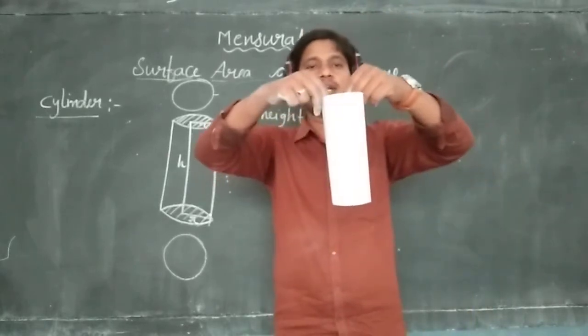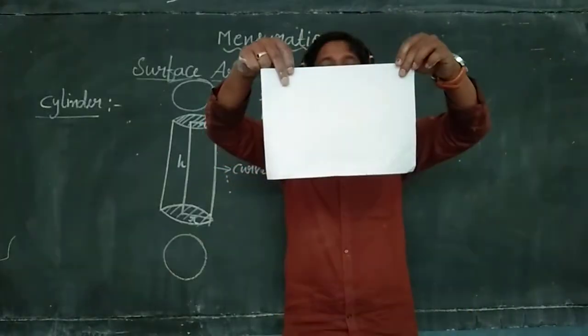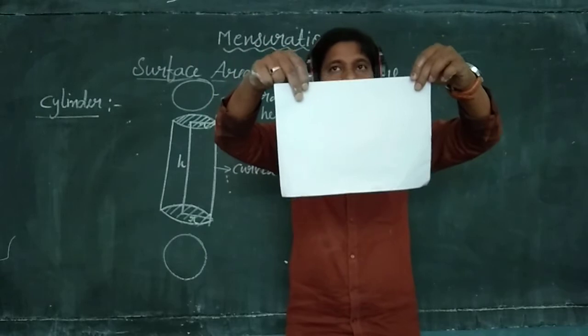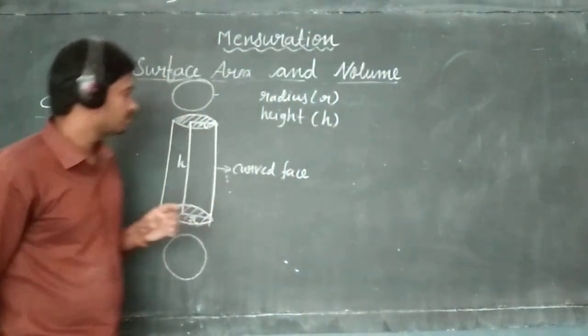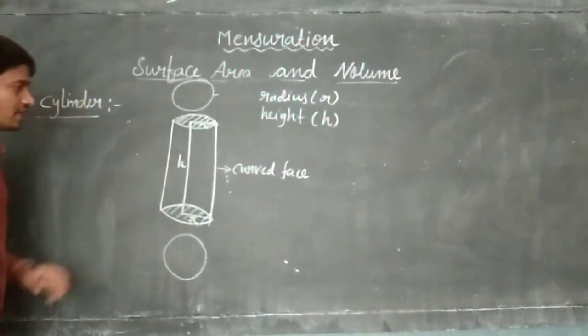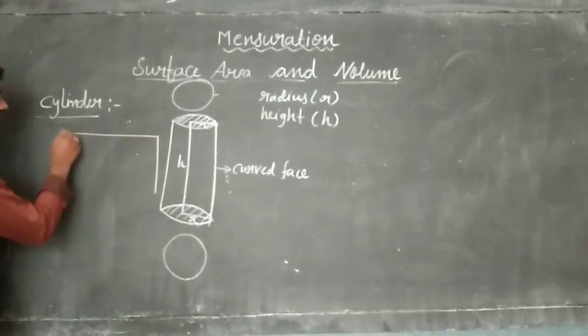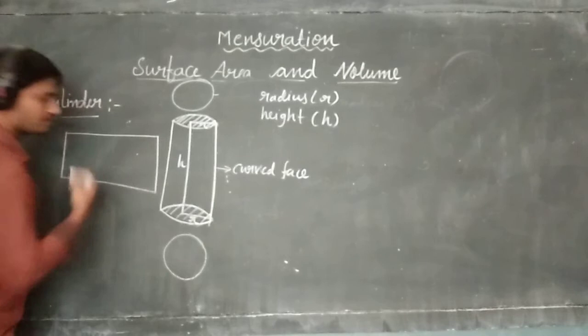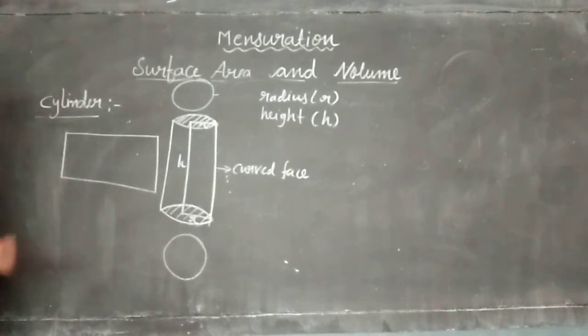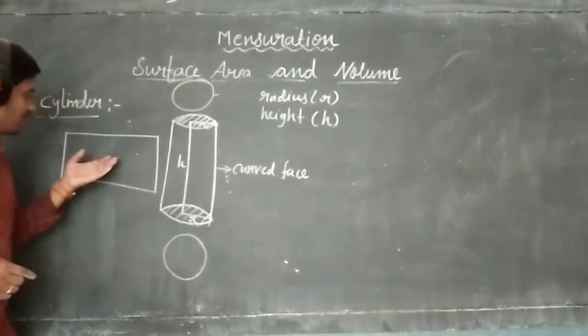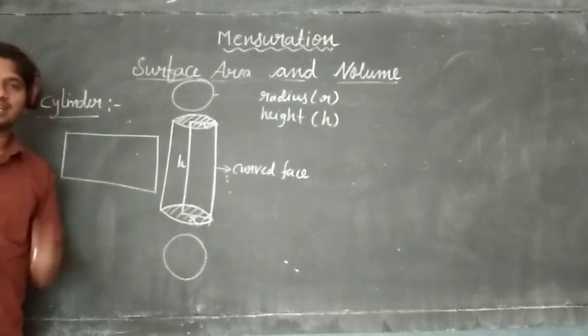Let me cut this. See now, which is the rectangle? Yes, its curved face is in the shape of rectangle. Now, let me say what are the dimensions of a rectangle.